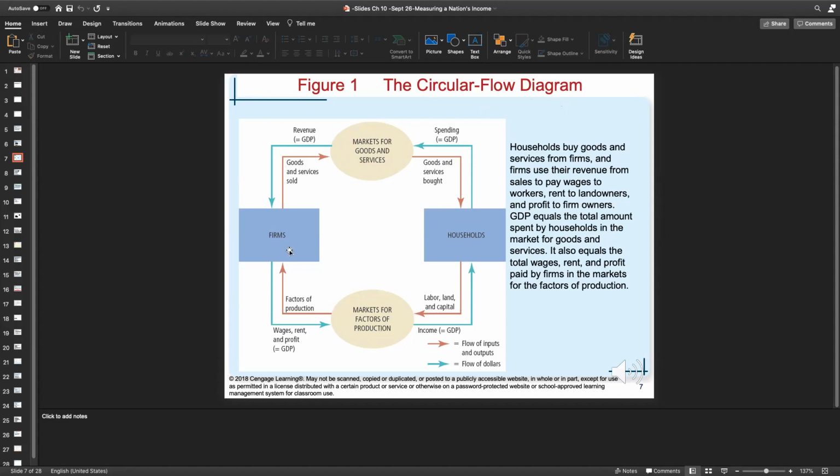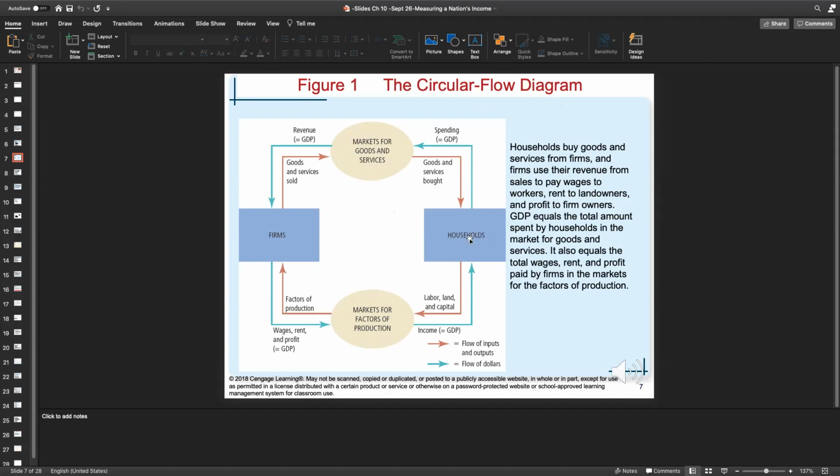Households buy goods and services from firms, and firms use their revenue from the sales to pay wages to workers, rent to landowners, and profit to firm owners.